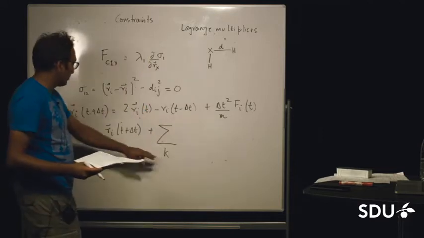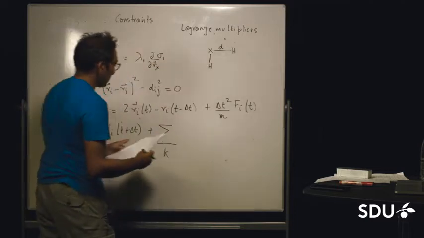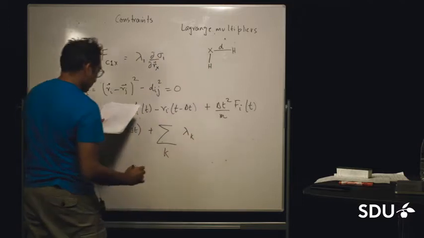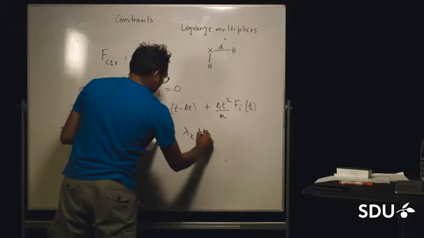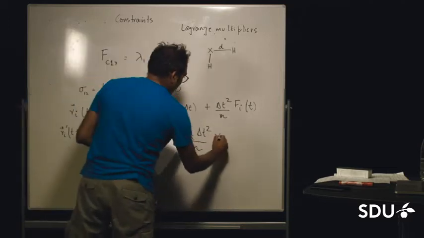Let's say this particle i is under k constraints. So for example, x is under 2 constraints, so k would be 2. And for each constraint, there is a Lagrange multiplier. I will derive this equation in a little bit. I'm just writing the overall equation to give you an idea.